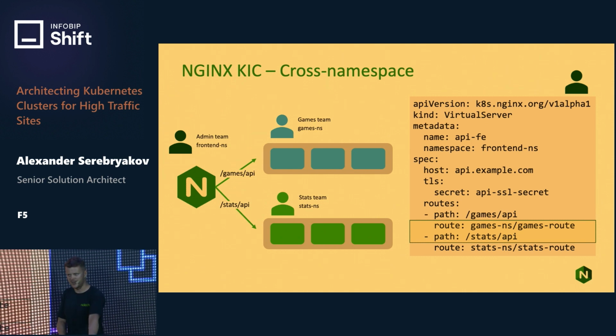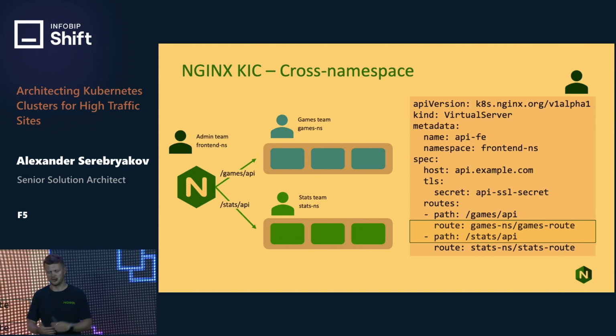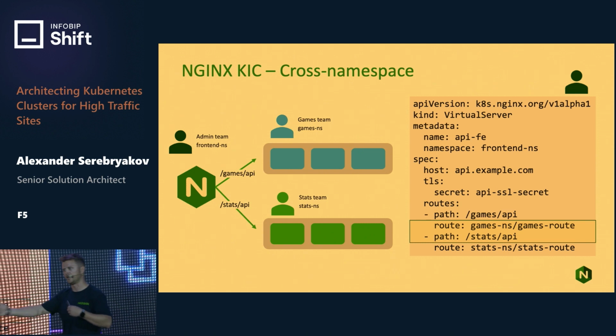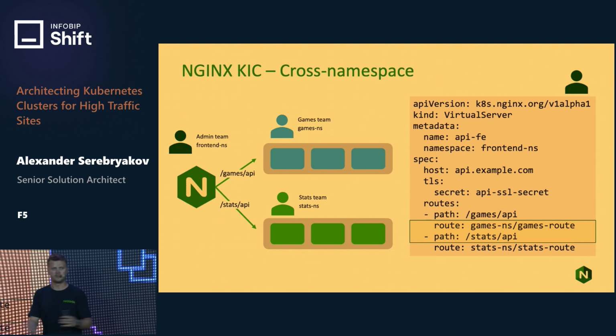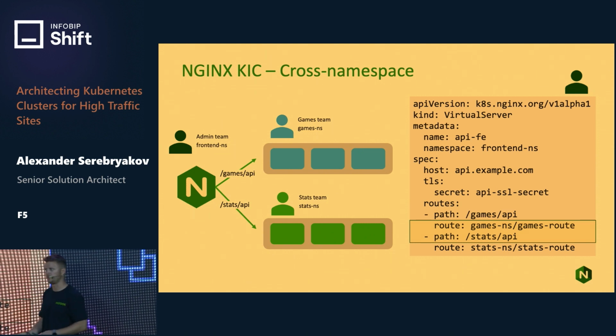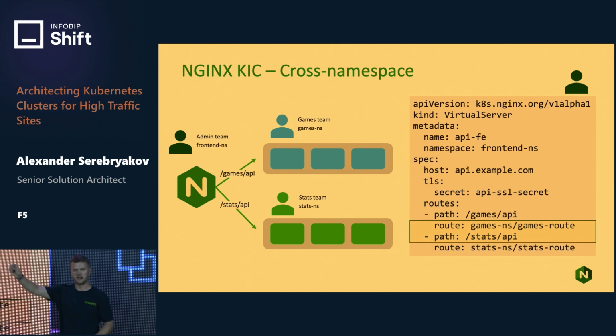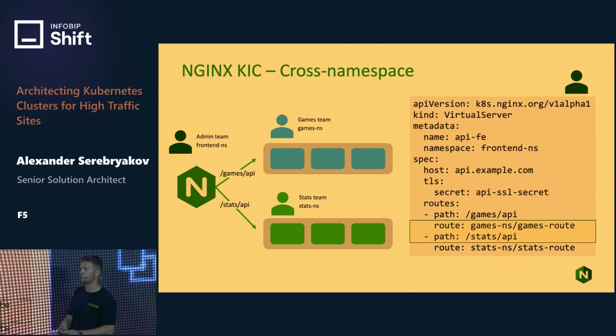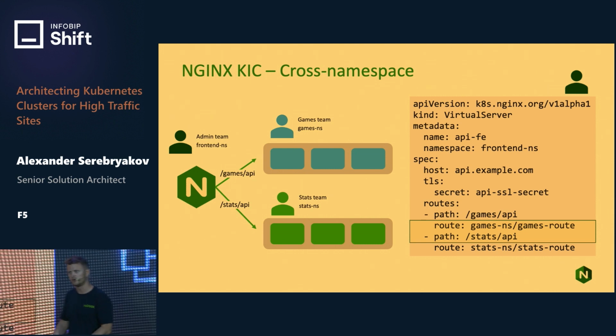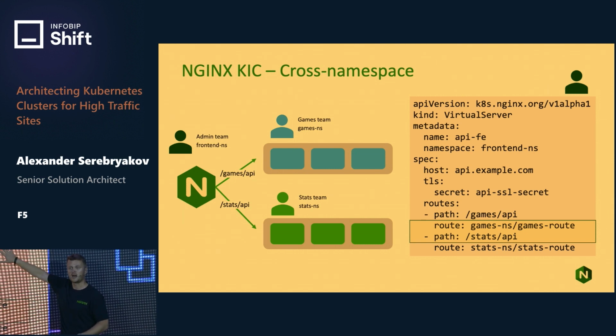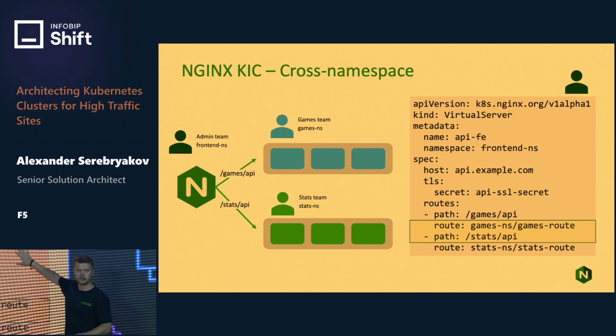In order to extend it and give more functionality, like rate limiting and canary deployment, different technologies take different approaches. With Nginx, we're also doing annotations to Ingress that you can use, and use Nginx in a seamless way of configuration. But we also recommend using our custom resources.